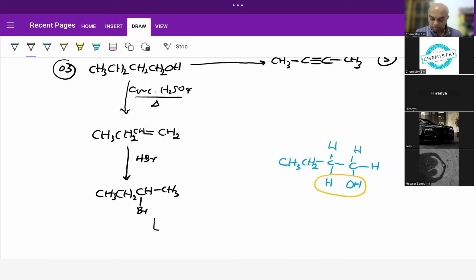By using the same, how to remove Br? What is the reagent that we can use? I need to remove this Br. How to remove this one? Any answers? Yes, correct. Good.